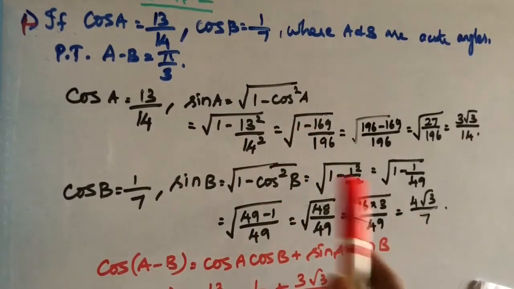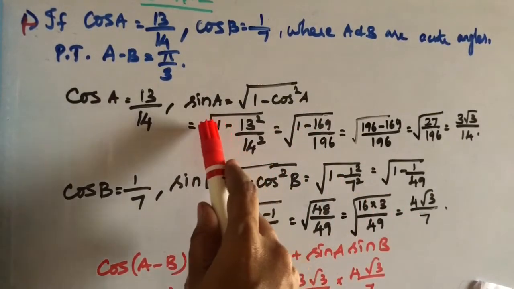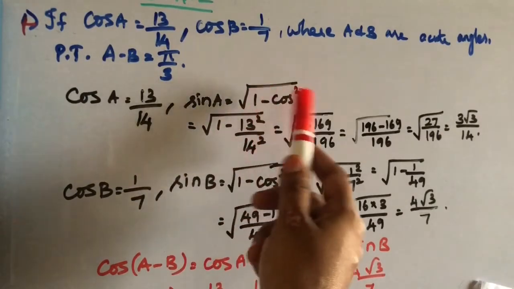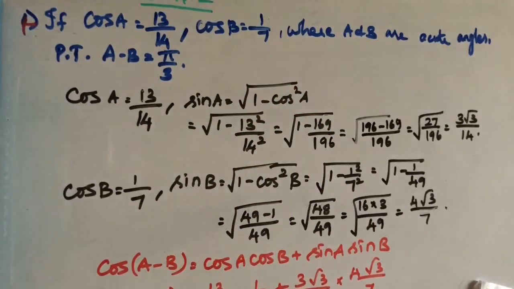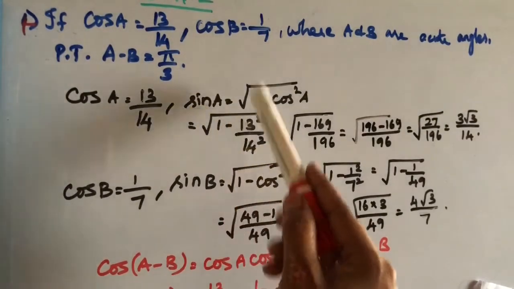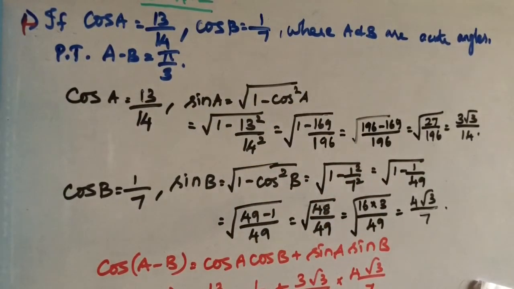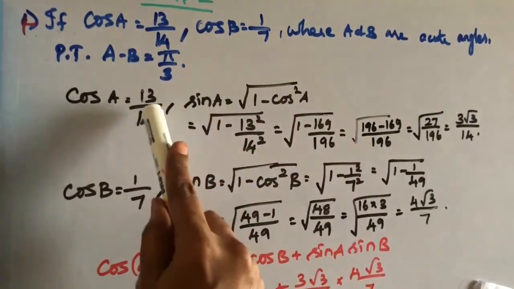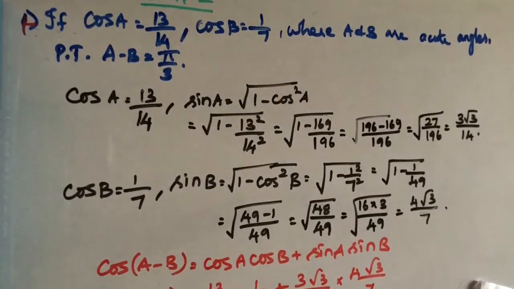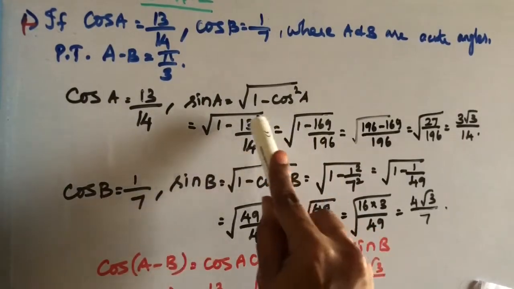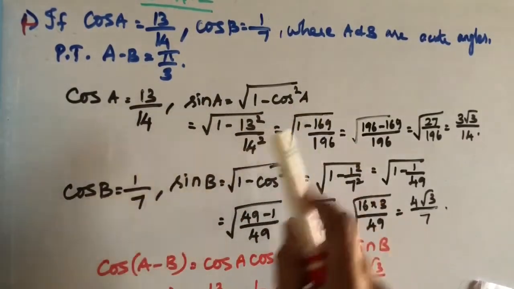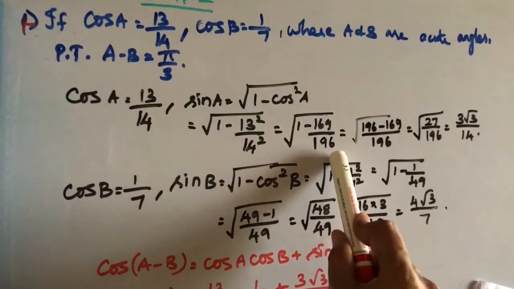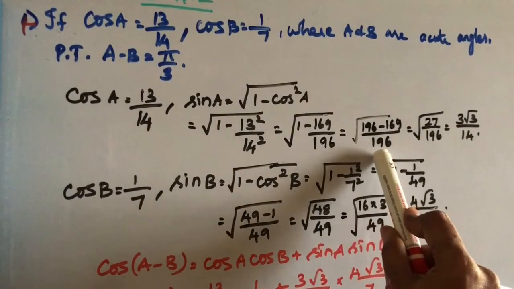That is, plus or minus. So sin A equal to, we know this formula, square root of 1 minus cos square A. Sin square theta is equal to 1 minus cos square theta. So sin theta equal to square root of 1 minus cos square theta, so 1 minus 13 square by 14 square. 13 square is 169, 14 square is 196. Take 196 as LCM.